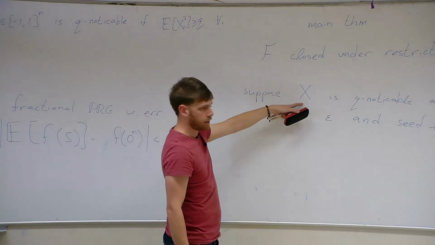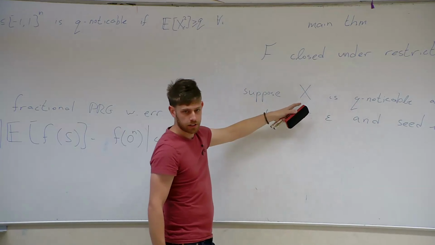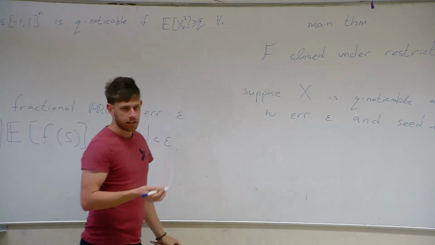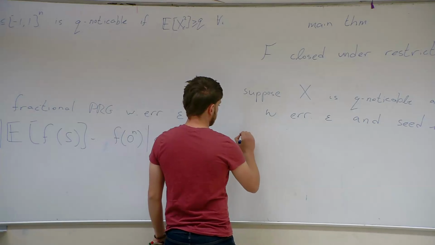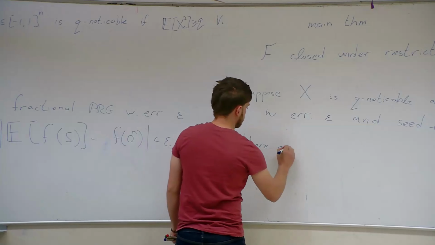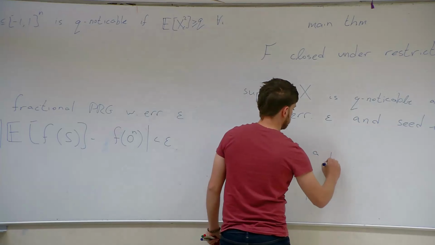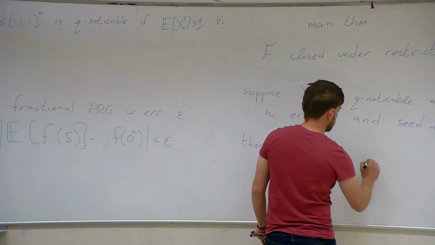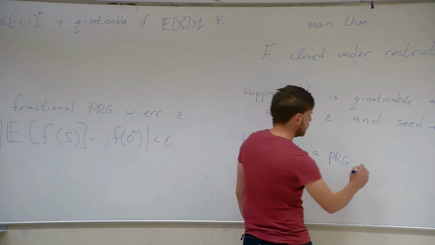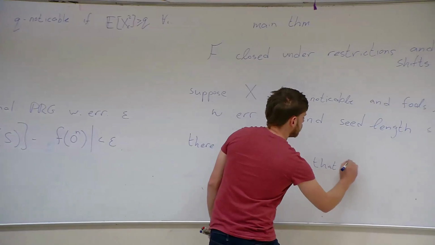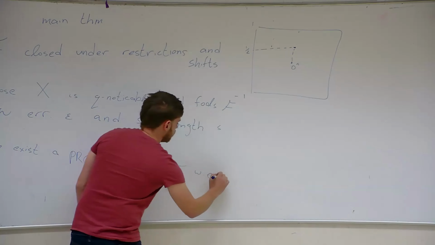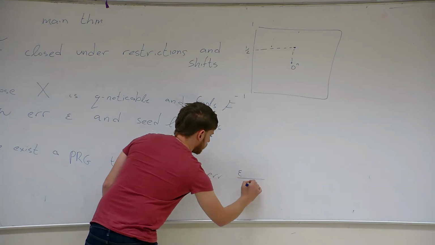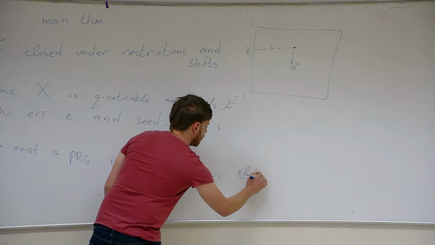Okay, so we have a family of functions F, and we have a Q-noticeable fractional PRG that fools F, and we can construct a new regular PRG that fools F. So there exists a regular PRG that fools F with error epsilon over Q times log n over epsilon.